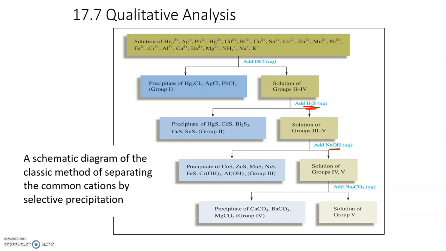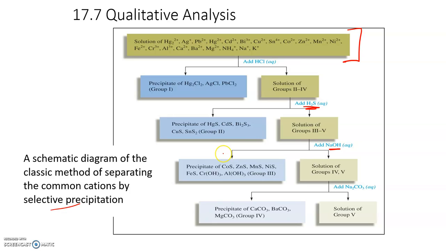Now, if there's time after the AP exam and after your final exam, we may do one of these labs just so you can see the process. But I want to walk you through it. And so basically what you're doing is you are taking this solution that has all these ions in it, and you're adding various solutions that will cause certain metal ions to precipitate out by that selective precipitation process.